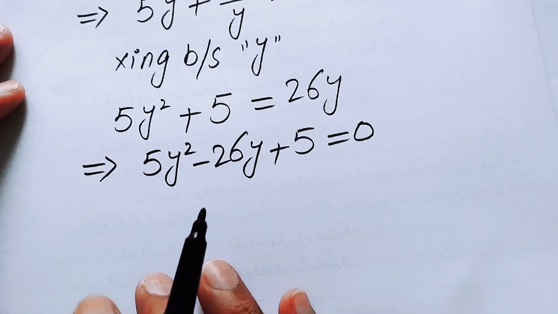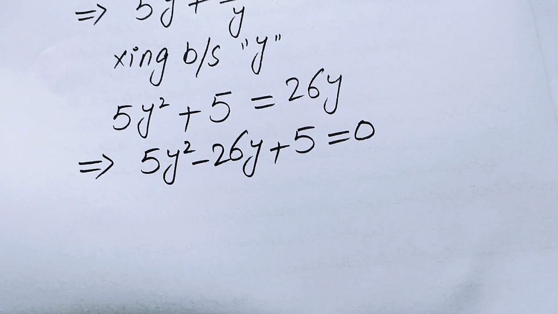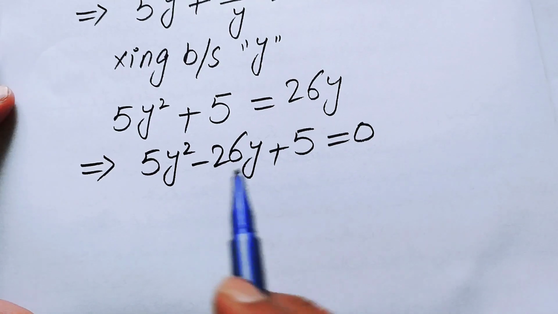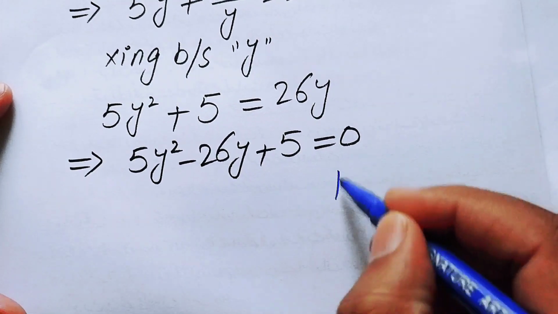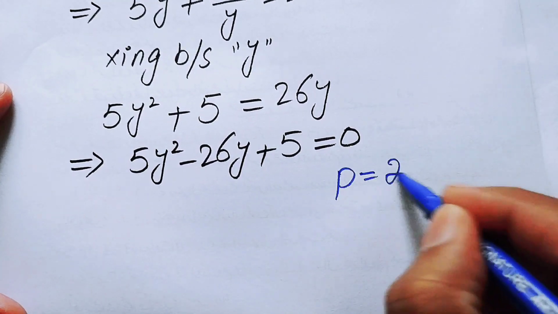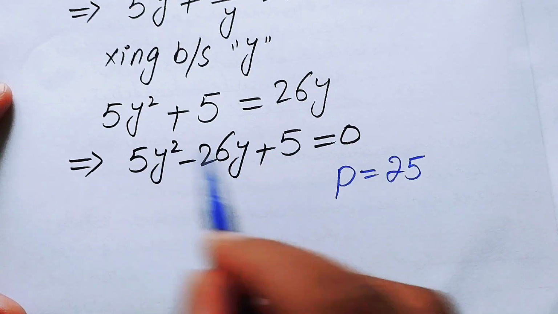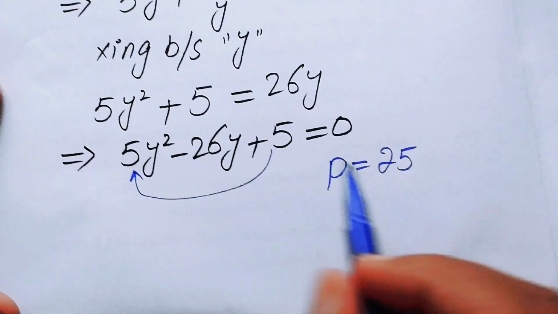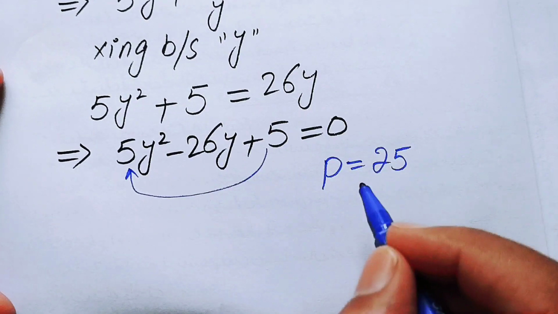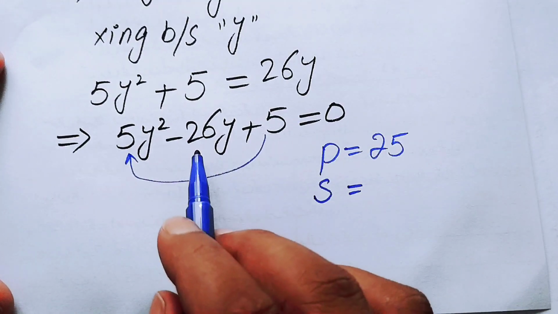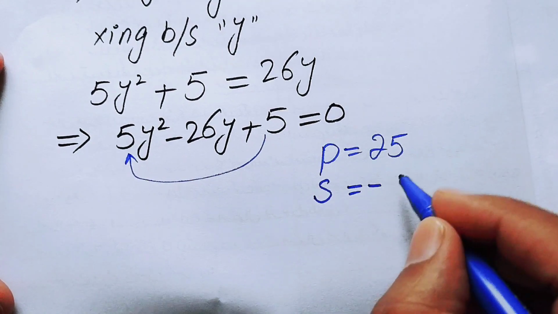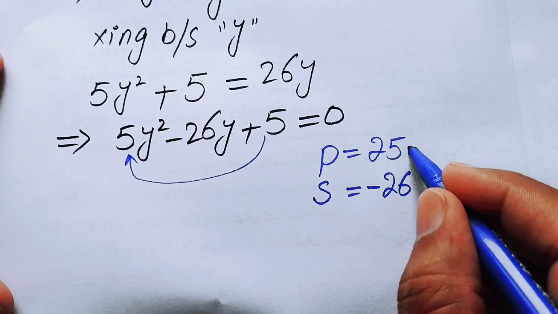And now you have time to make the factors of this equation, so here we need any two numbers whose product is 25, because when you multiply 5 by 5 you will get 25, and when you sum these two numbers, you will get minus 26.